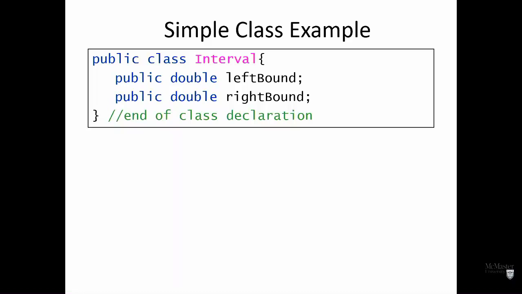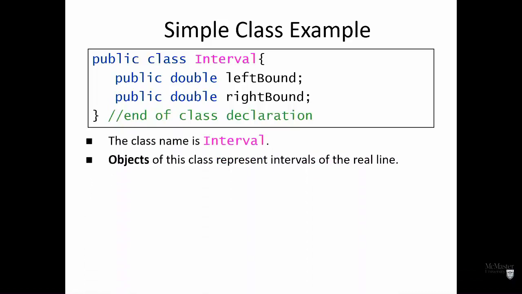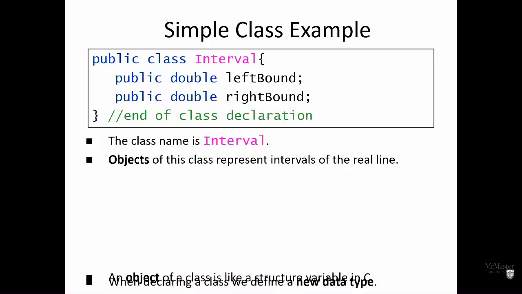One is called left bound and one is called right bound. This just defines an interval of real numbers, right? So the way you define the class is you use this specifier. Here it's public because any other class can use it. The reserved word class tells us this is a class, similar to struct in C. And then this is the class name, interval. These are the elements of the class, and here you end it, right?